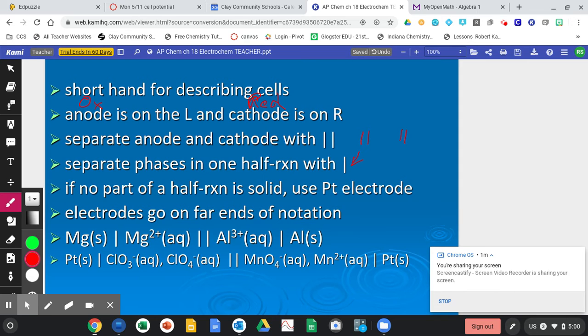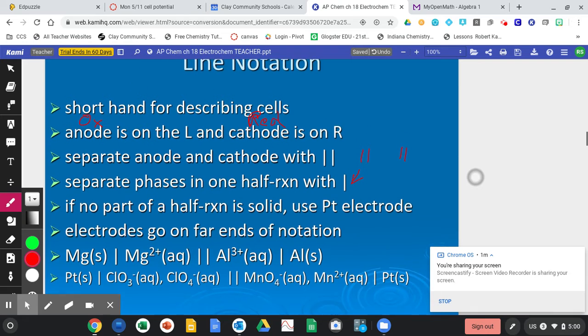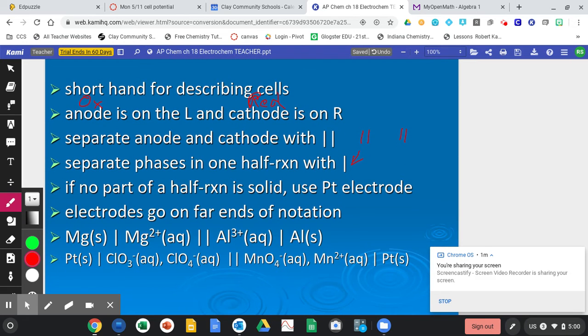The phases are basically the electrode and what's in solution, and the electrode and what's in solution. If there are no solids in something, then we will always resort to a platinum electrode. And our very first one has that.